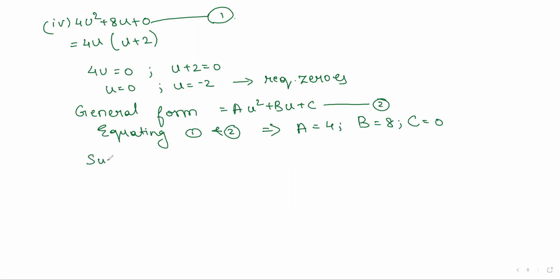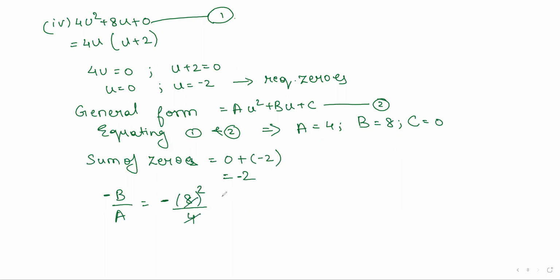Sum of zeros. Sum of zeros is equal to 0 plus minus 2, which is minus 2, and minus b upon a is equal to minus of 8 upon 4, which is again equal to minus 2.